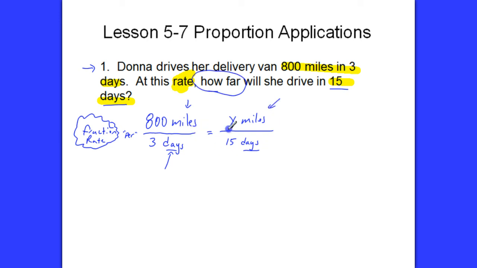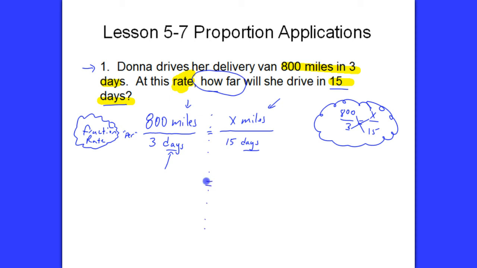Well, simply put, I'm going to draw this think bubble over here. All you're solving now is this proportion, 800 over 3 is equal to x over 15. And what we learned in class, hopefully if you've paid attention, is you cross multiply 3 times x. So right underneath that equal sign, I want to keep that equal sign lined up.